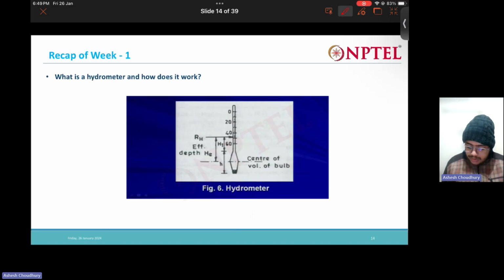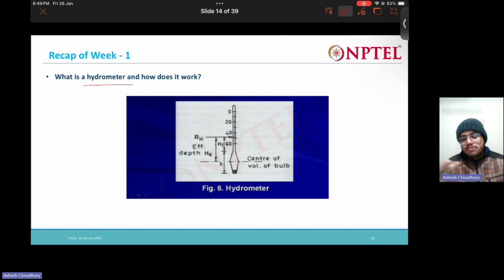After that, you need to do the hydrometer analysis. The hydrometer is a very delicate instrument that is used to do this wet analysis, the hydrometer analysis. It works on the basis of Archimedes principle.